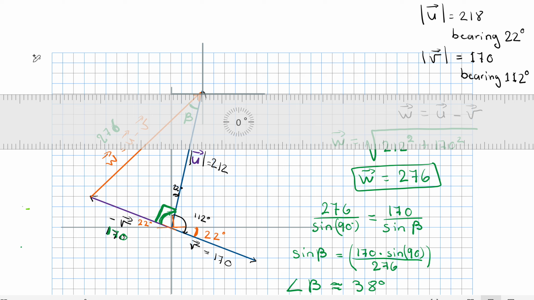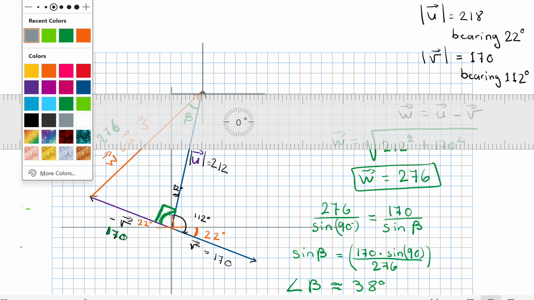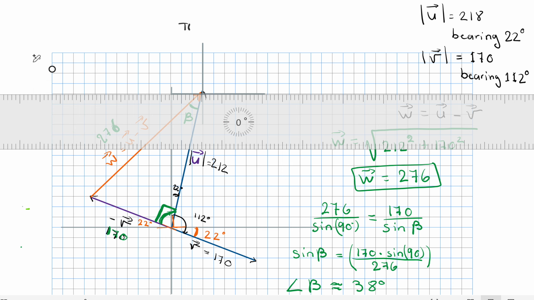So this is what I'm going to call true north. And you're going to see in a minute why I call it so funny. I'm going to say this is the true north, right?